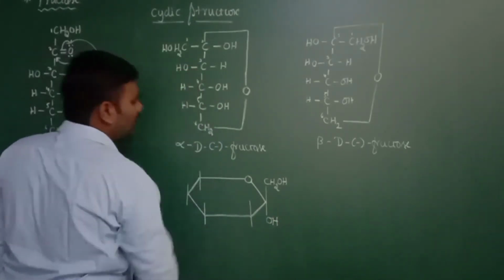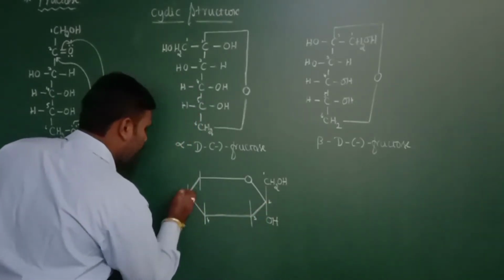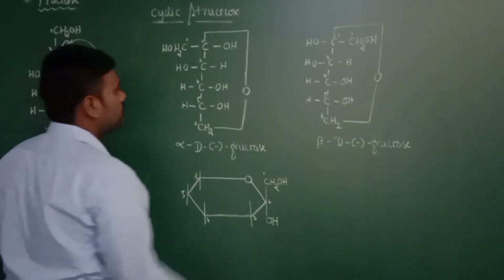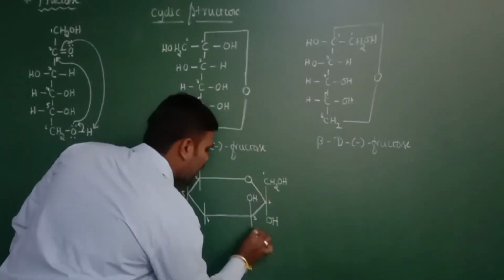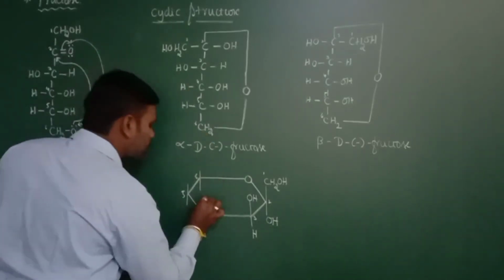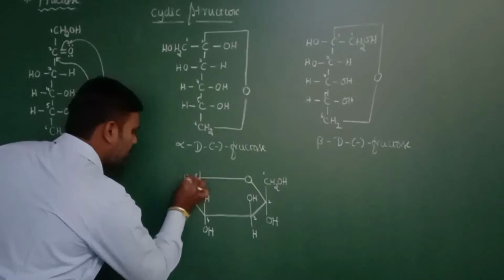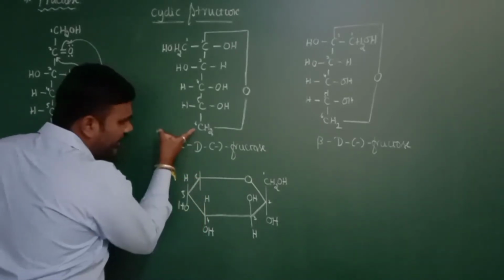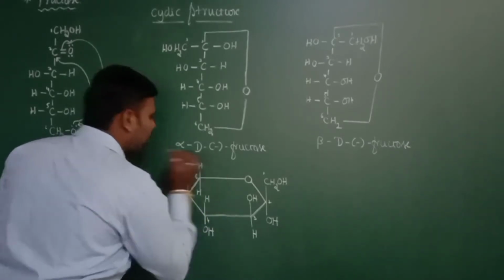And so this is the first, second, third, fourth, fifth, and this is the sixth position. So at third position, OH is present on the top, H; at fourth position, H, OH; and at fifth position, H, OH. And you can notice at the sixth position we are having only two hydrogens over there.